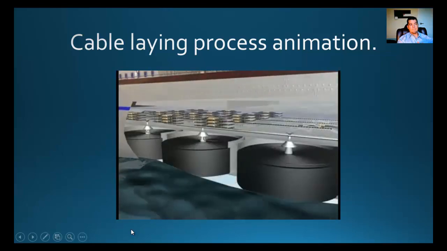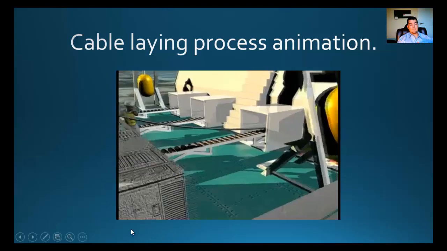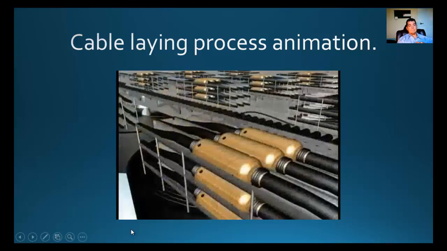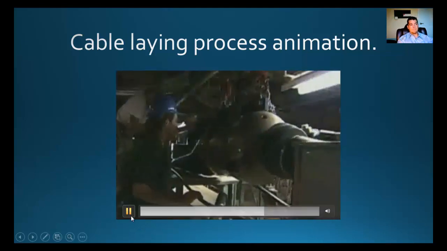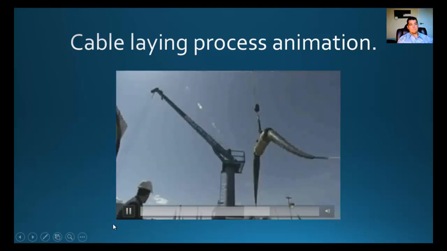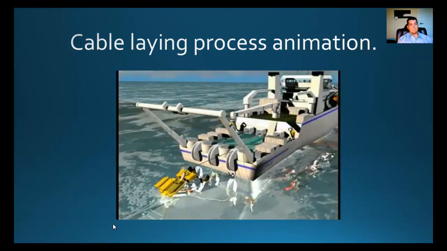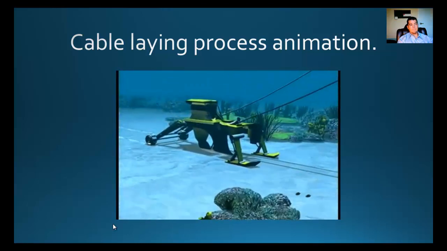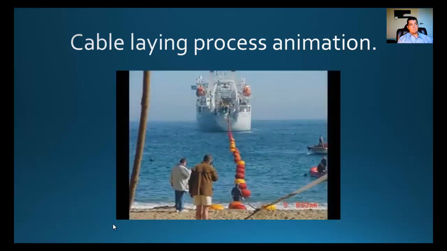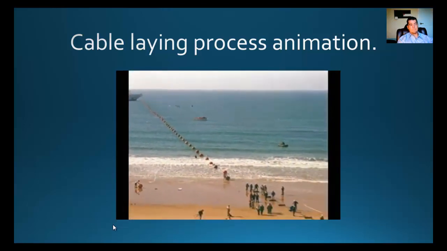The cable is stored on gigantic reels in the ship hull and routed to the rear of the ship. The repeaters and splitters necessary for boosting the signal and diverting the cable at the planned landing stations are connected on the ship. A plow is used to bury the cable under the ocean bed. The cable is split and diverted to the landing stations. From the landing stations, backhaul networks carry the signal to the end users.